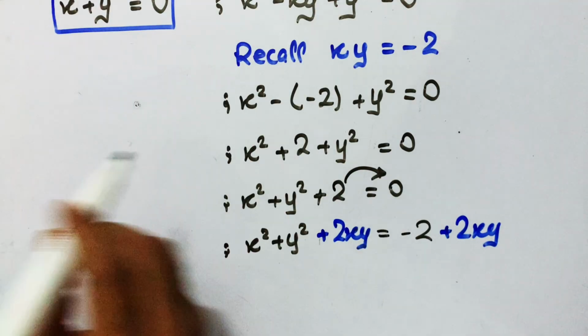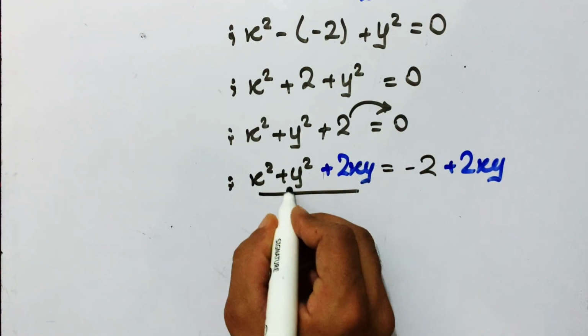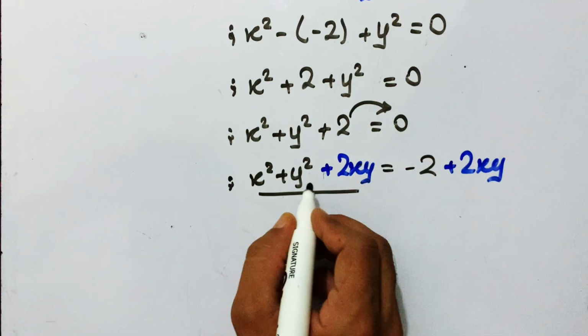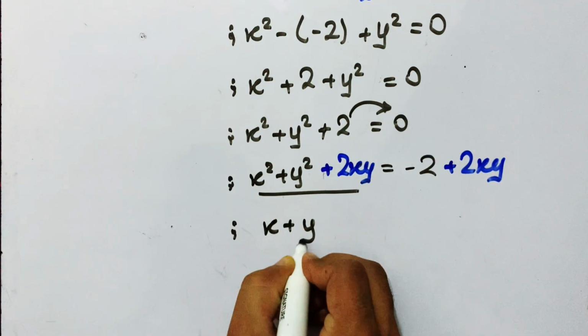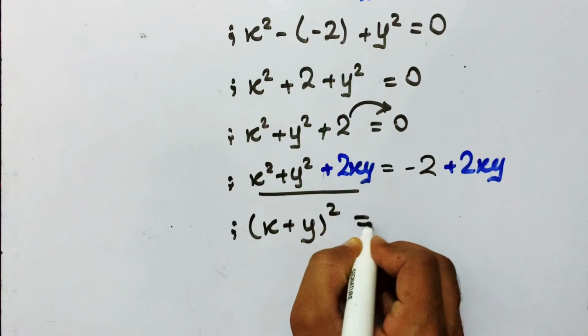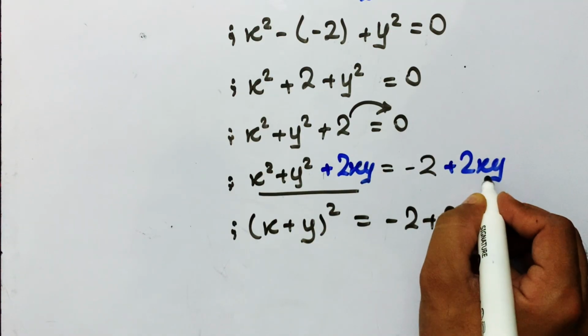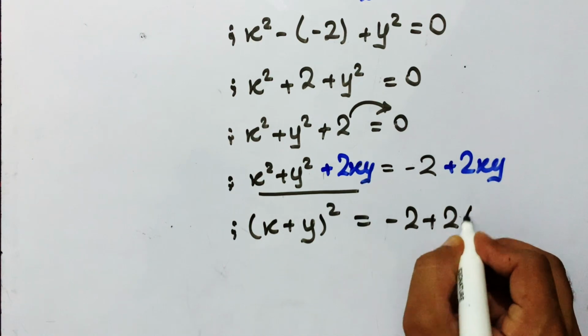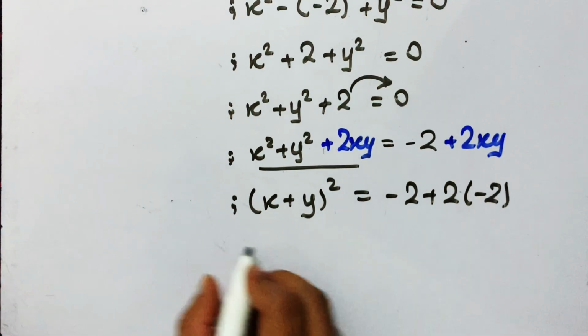So our equation will be the (a plus b) whole square formula, which gives (x plus y) whole square, and on the other side minus 2 plus 2xy. The value of xy from equation number 2 is minus 2, so 2xy is minus 4.